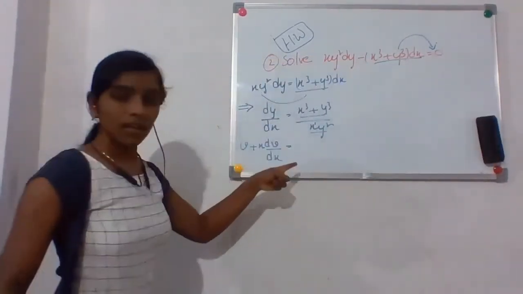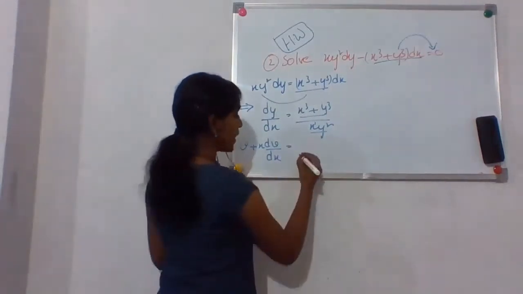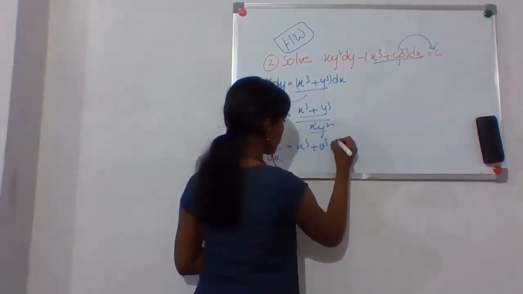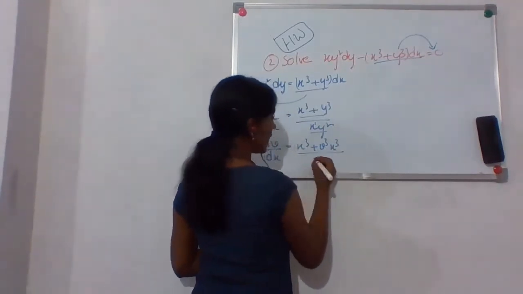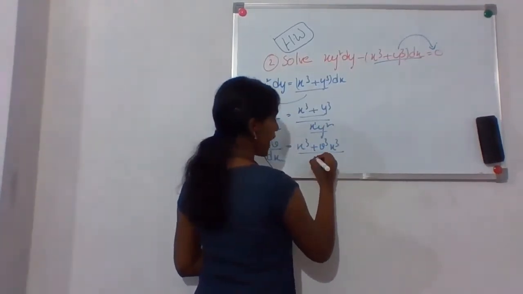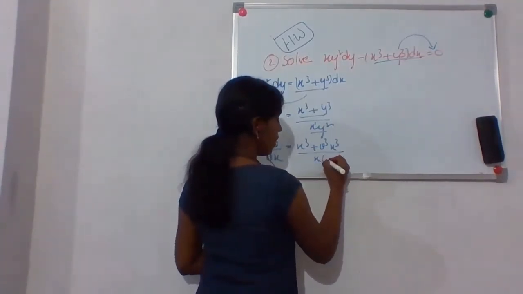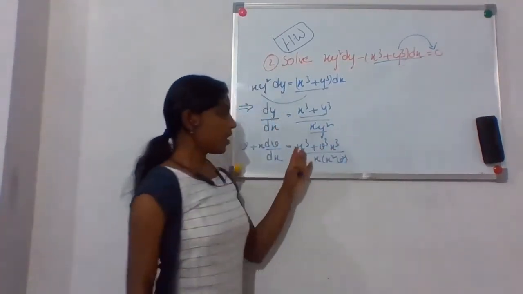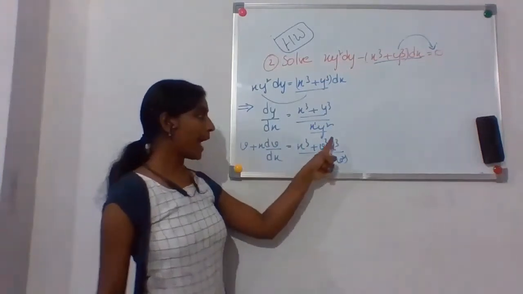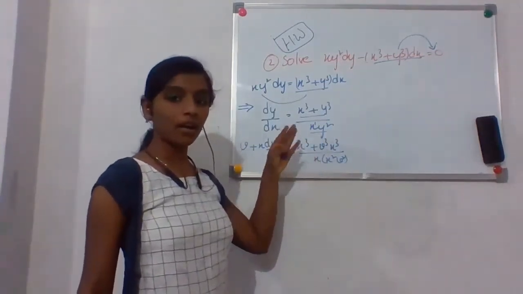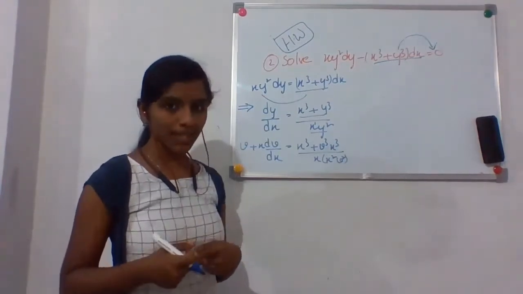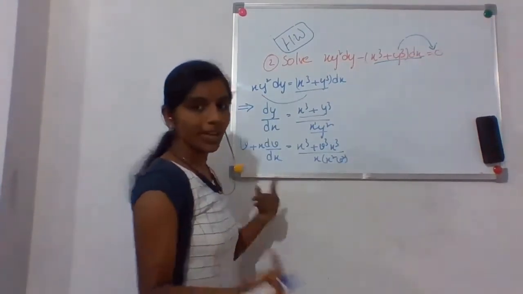And y is equals to vx, right? x cube plus v cube x cube divided by x into x square v square, right? So by taking x cube common, I can cancel x cube in the numerator as well as in the denominator. So I'm just skipping that step and then moving on to the next step.